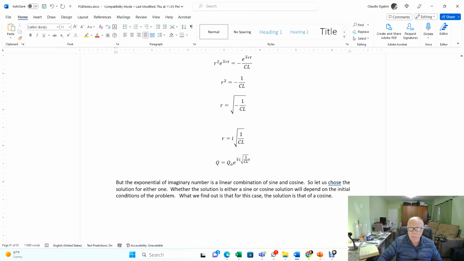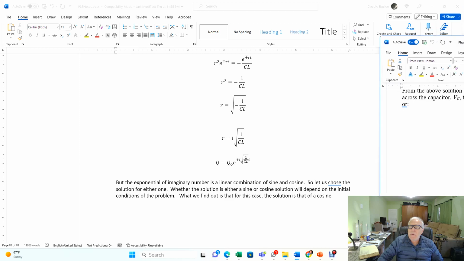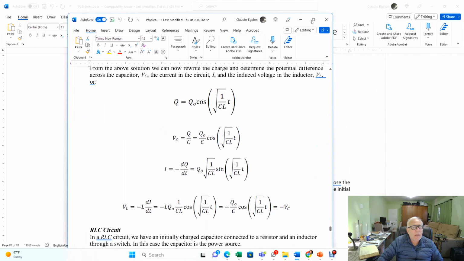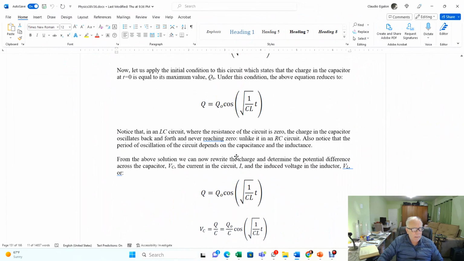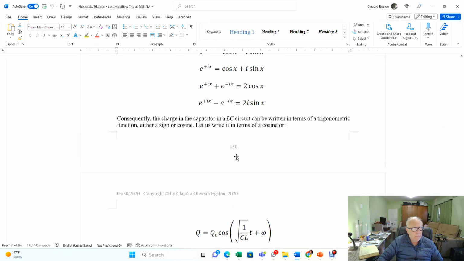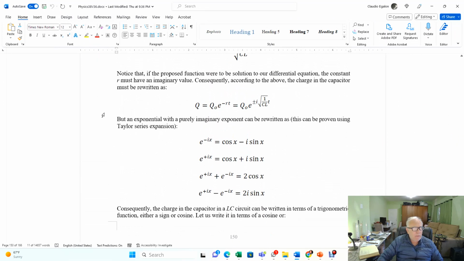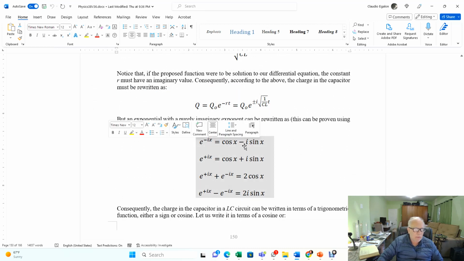It's possible to do that by doing a lengthier procedure that is in my notes. I'm going to display it quickly here for you, okay? I'm not going to do that because it's going to take us too much time. Okay, so here goes, here's the solution, right? Don't forget that the exponential of minus ix and plus ix is something like that.